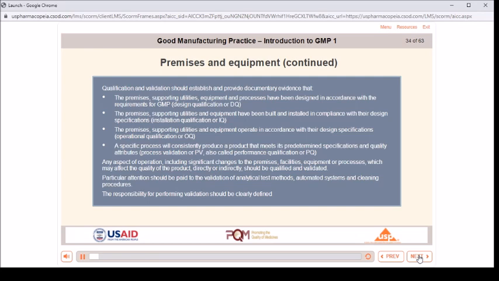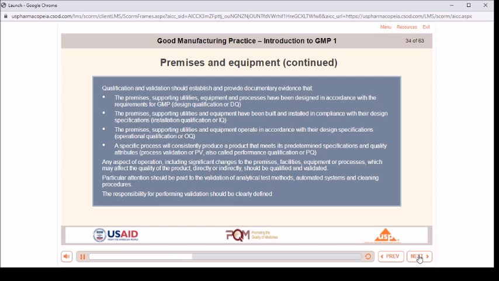Premises and equipment, continued. Qualification and validation should establish and provide documentary evidence that the premises, supporting utilities, equipment, and processes have been designed in accordance with the requirements for GMP, Design Qualification, or DQ. The premises, supporting utilities, and equipment have been built and installed in compliance with their design specifications, Installation Qualification, or IQ.